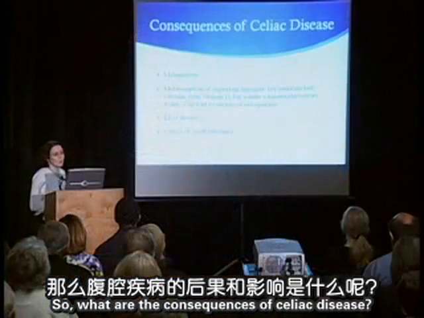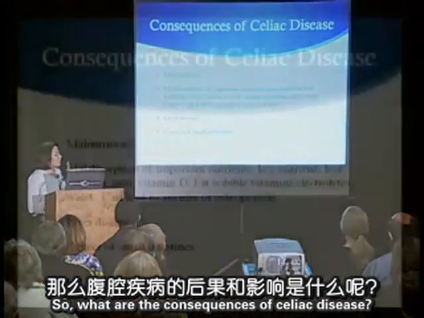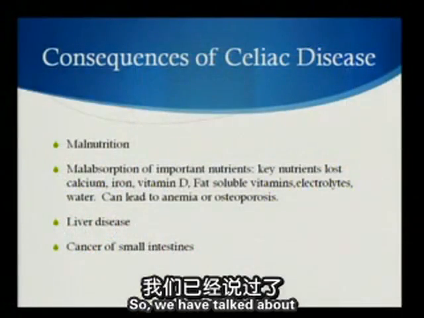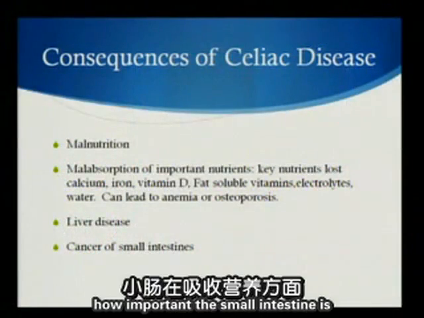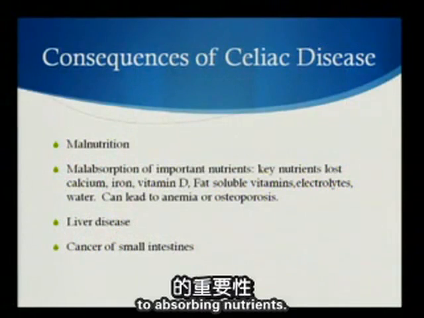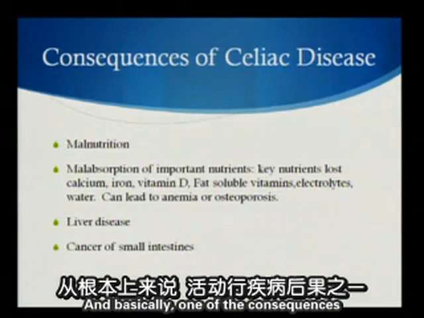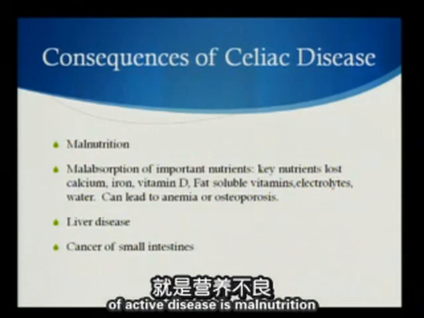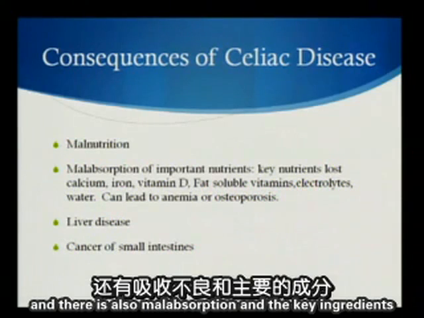So what are the consequences of celiac disease? We talked about how important the small intestine is to absorbing nutrients. And basically, one of the consequences of active disease is malnutrition. And there's also malabsorption.